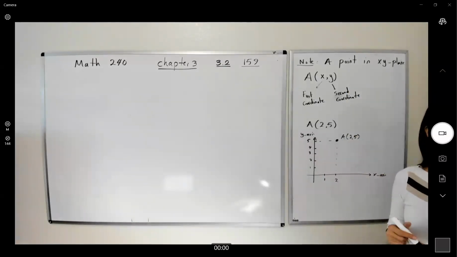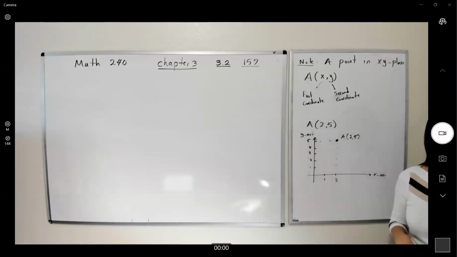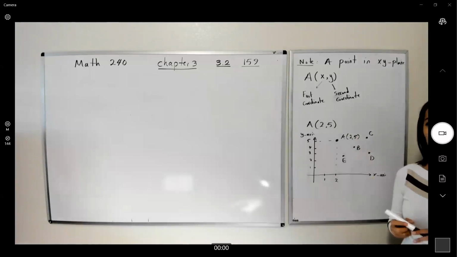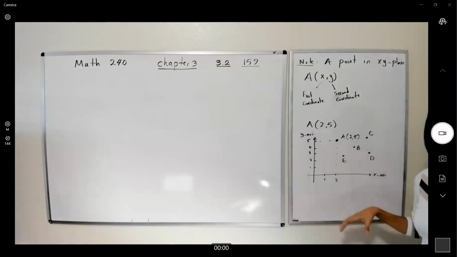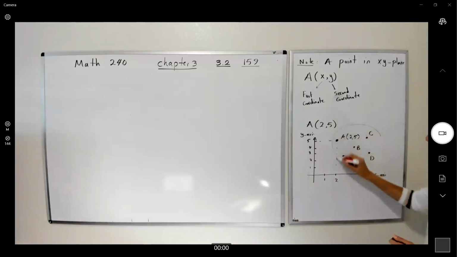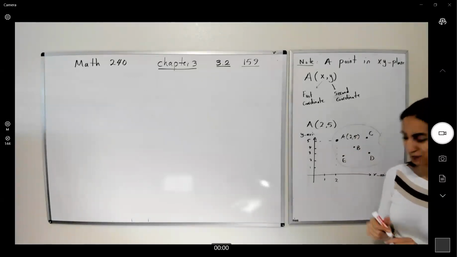Very well. What if you have a collection of points in the xy plane? Suppose I have A, I have another point like B, I have another point like C, D, E, and so on. If you take these points and form a collection of these points, you call it a relation.